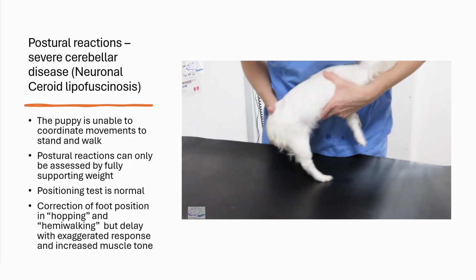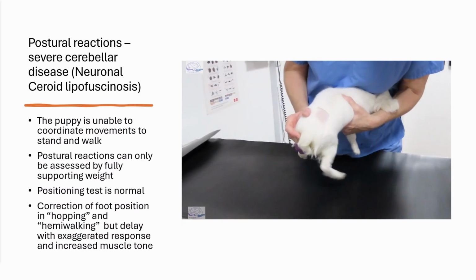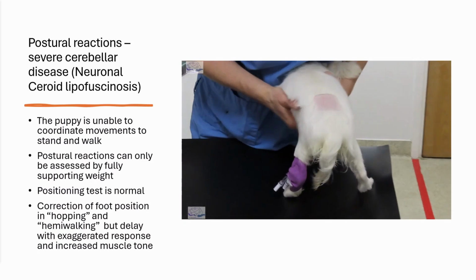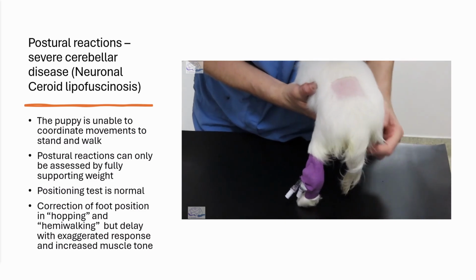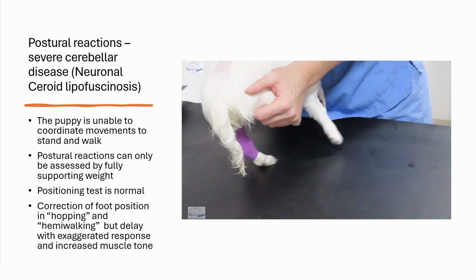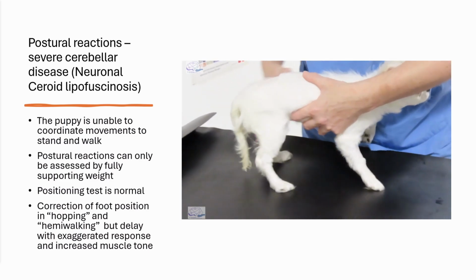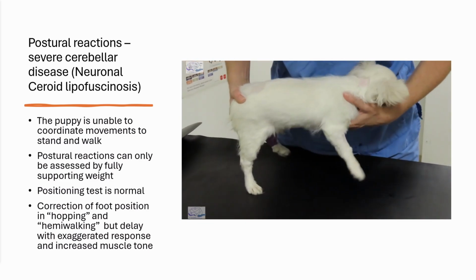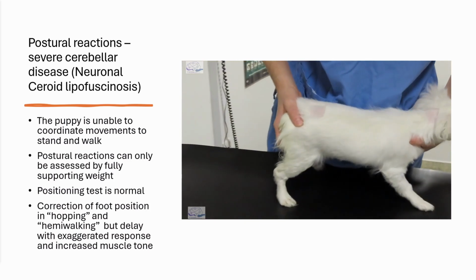so we can see here, despite the fact they can't walk or stand, that hopping response is actually surprisingly good. It's a little bit exaggerated, and there's increased muscle tone, and that's because of the subconscious proprioceptive deficit and the effect of cerebellum on muscle tone.